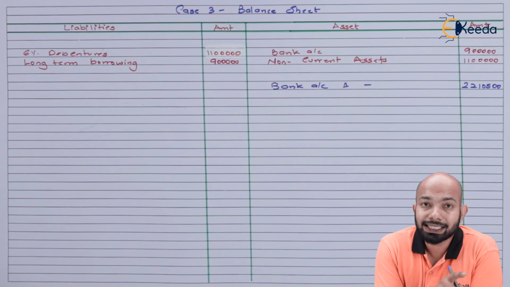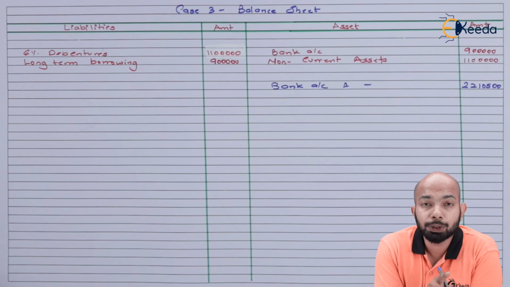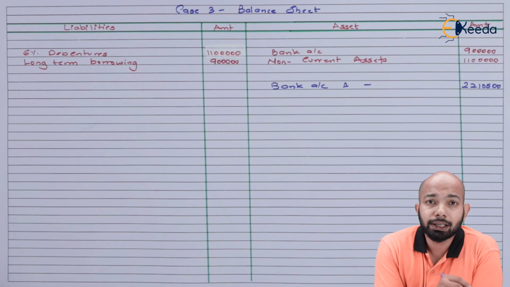Simultaneously, we have to mention the 6% debentures capital for open subscription after reducing the calls in arrears. But before that, let's mention the discount on the asset side as miscellaneous expenditure.